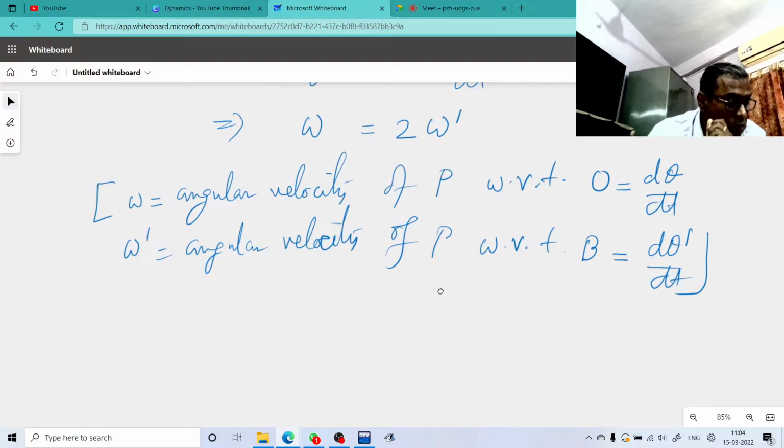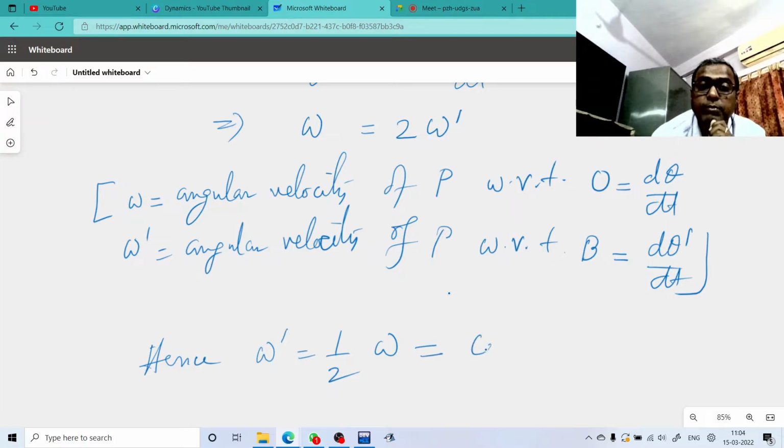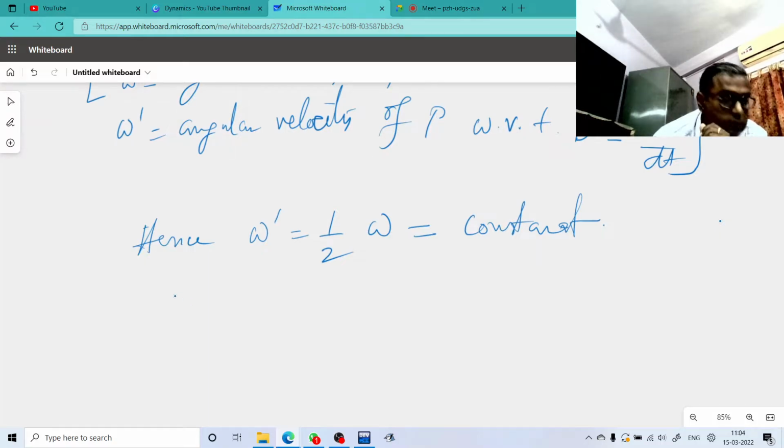So omega equal to 2 omega dash. Hence omega dash equals half of omega, and this is also constant because omega is constant, as given.